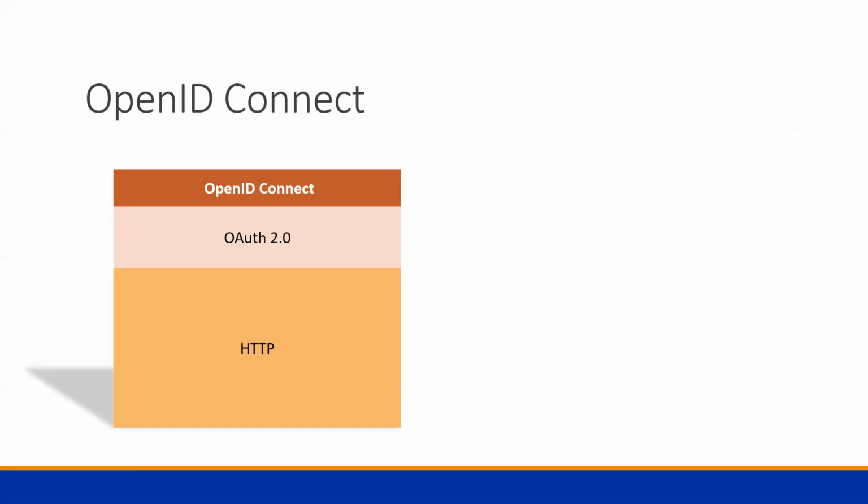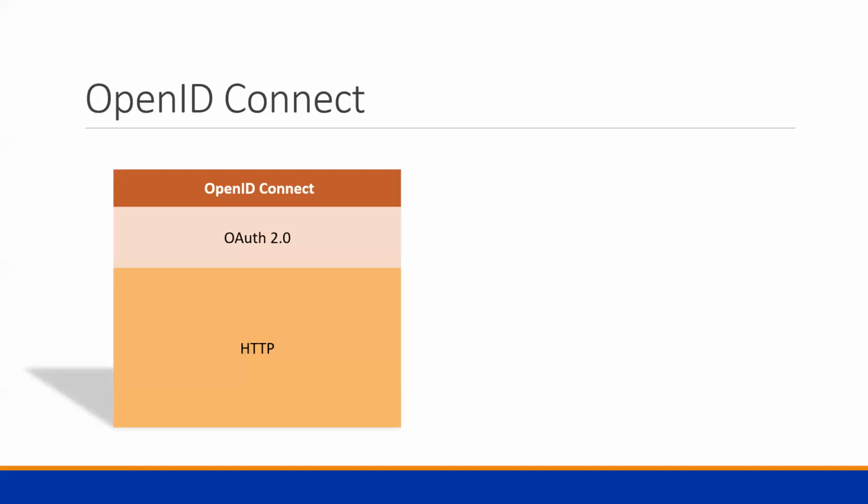OAuth 2.0 defines the mechanism to obtain the access token of the protected resources, but it does not define the standard methods to provide the identity information. So to address that, OpenID Connect implements authentication as an extension to the OAuth 2.0 authorization process. It provides information about the end user in the form of an ID token.